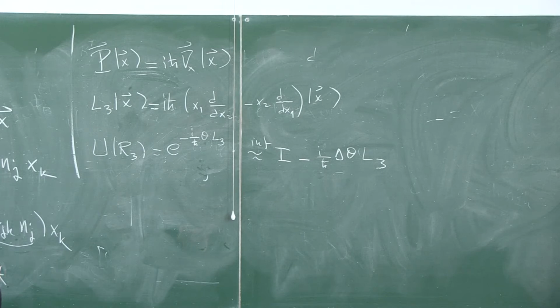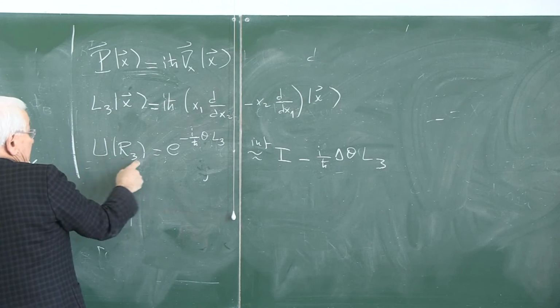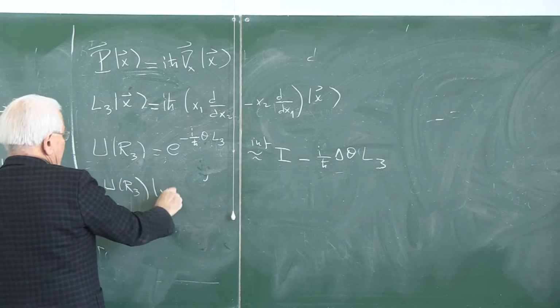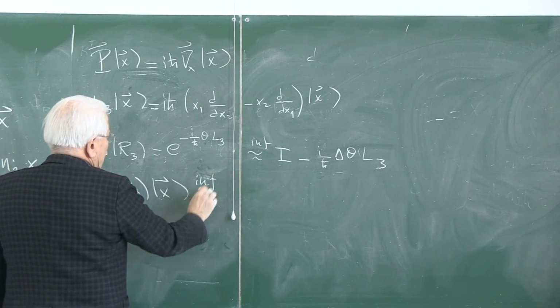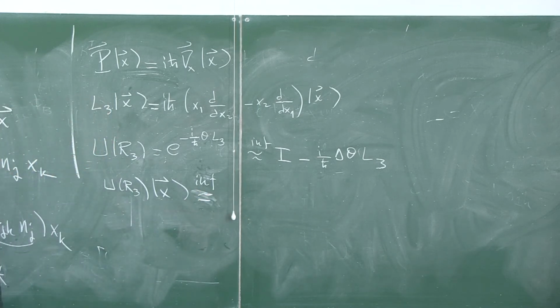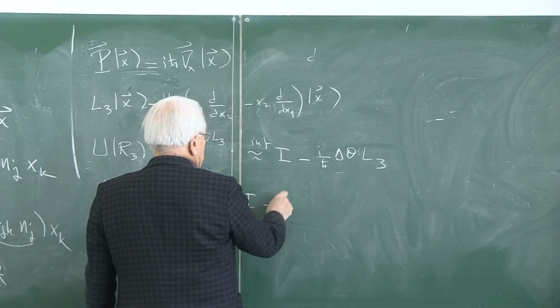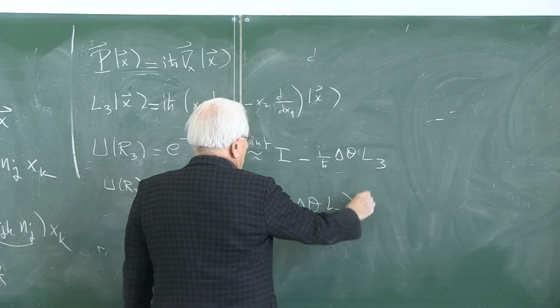So what is the effect of this on the x now? I worked it out in detail, so I would like to see what is the effect of this UR3 on the x in the infinitesimal case, inf. Although it's cumbersome, if you would like to feel safe, whenever you are doing the infinitesimal case, put the notation inf on it, because it's not the full form. So it is I minus i over h bar delta theta L3 on x.